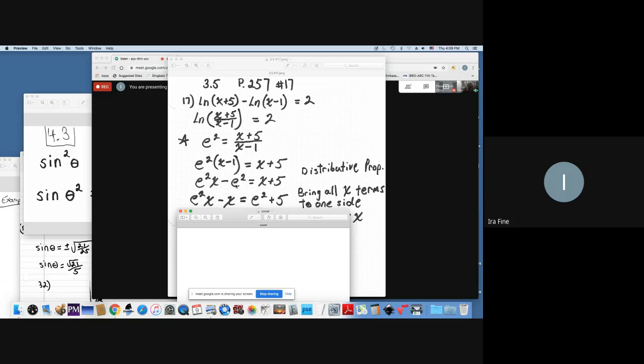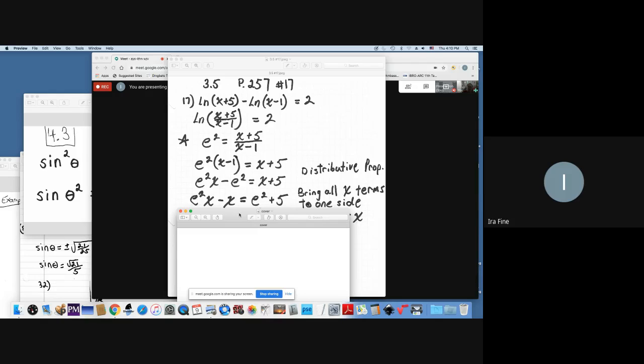Now remember, e squared is a number, about 2.7 squared, right? So we bring the x to this side, subtract from both sides, and at the same time I'll add e squared to both sides. So now we have all the x's over here and all the plain numbers over here, right?